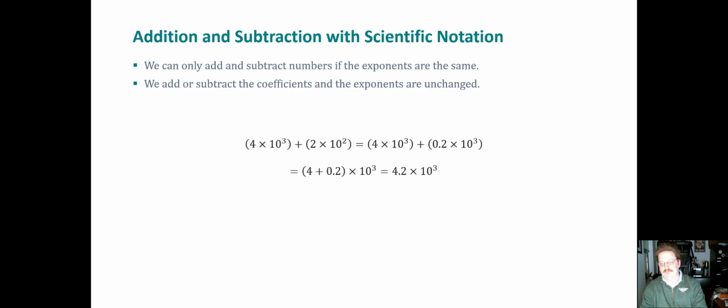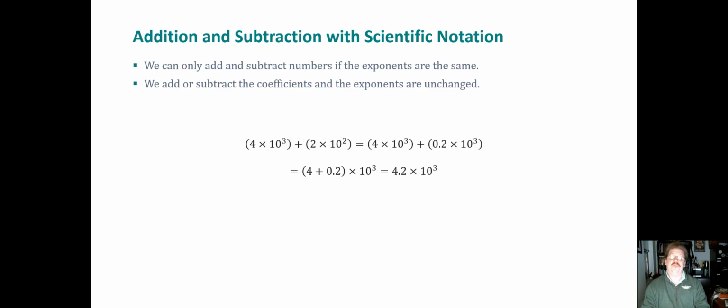Now, another way of doing it, a longer way, is you could do the opposite. You could do 40 times 10 to the 2nd. Then you add 40 and 0.2. Did I do that right? I don't think I did that right.